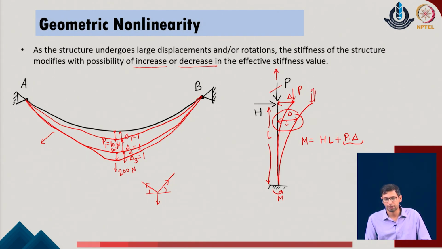So, if I consider the member like this, and provide a tension load active on the system with the same magnitude, I now realize that due to this lateral displacement, the moment can increase beyond the regular value of H into L, or it can decrease below that value, based upon whether the load is compressive or tensile in the given system.